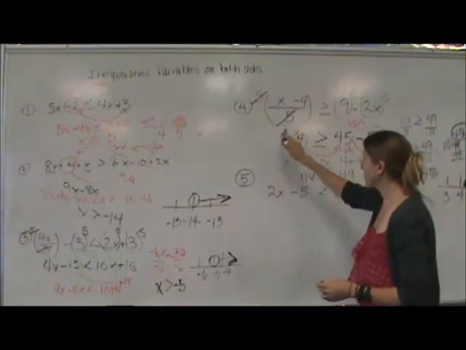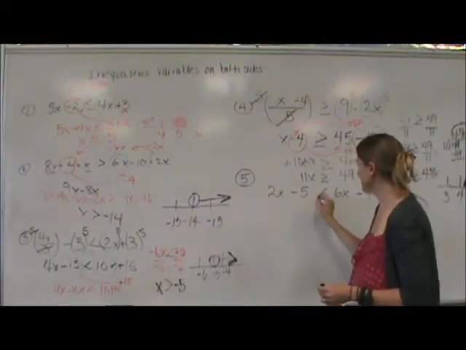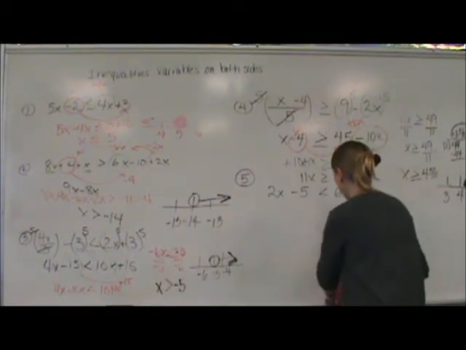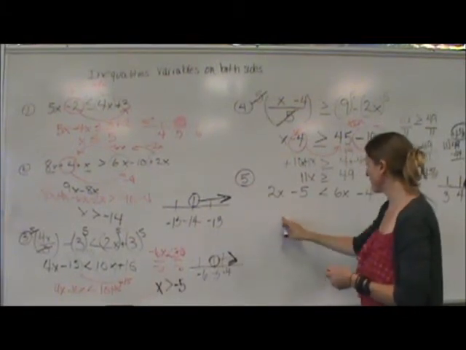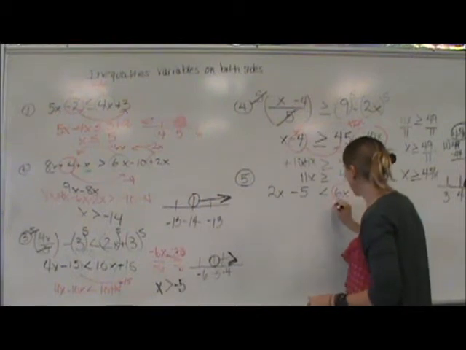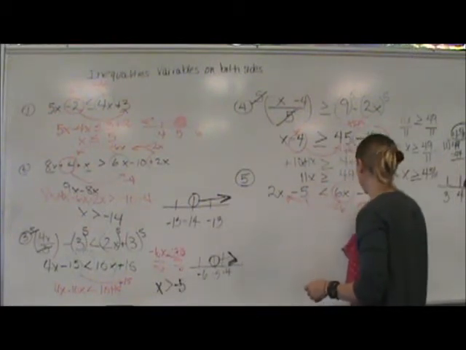And finally, our last one, question 5. What you want to do is, again, bring these over to the other side. You want to bring your numbers just like if we were having a bridge, and I'll bring the x's over to the left and numbers over to the right. So I'm going to subtract 6, add 5.